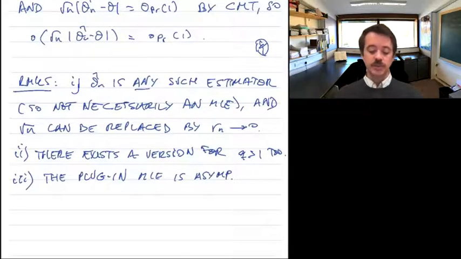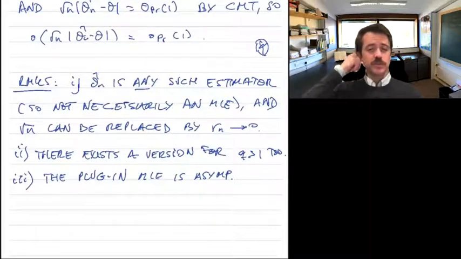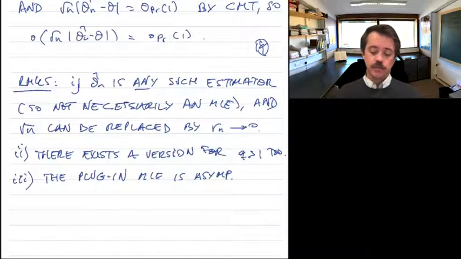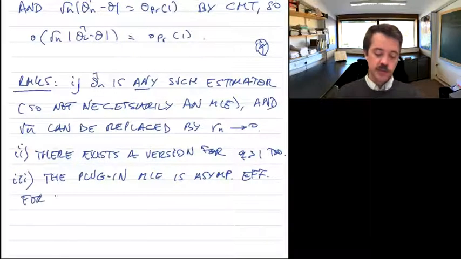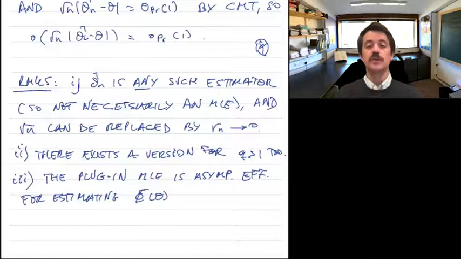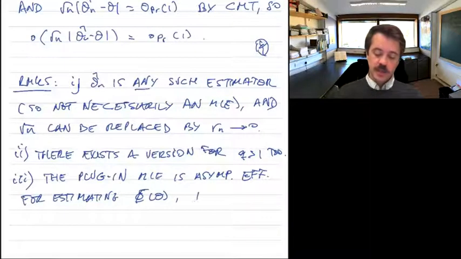Well, because we've actually seen this bound, or the bound that we need here, in the past. I'll state it now. So it's asymptotically efficient for estimating the quantity of interest, which is the image of this theta through the capital pi.